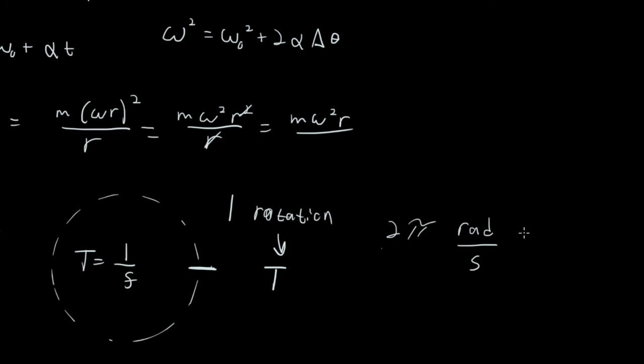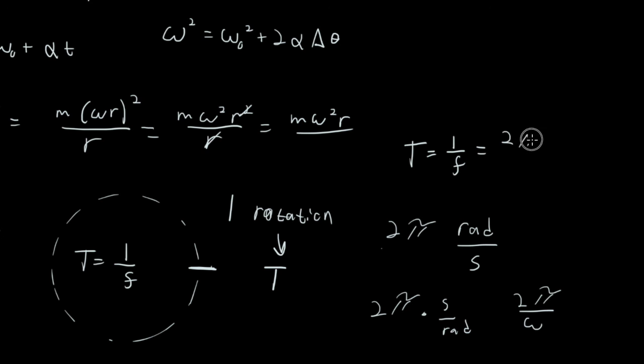Then I need the seconds on top, so I actually need to go 2 pi times seconds over radians, which would just be 2 pi divided by omega. So that didn't make sense. That's okay. Just try and work the mathematics of that out on your own. But these values are all going to be related to each other like this.